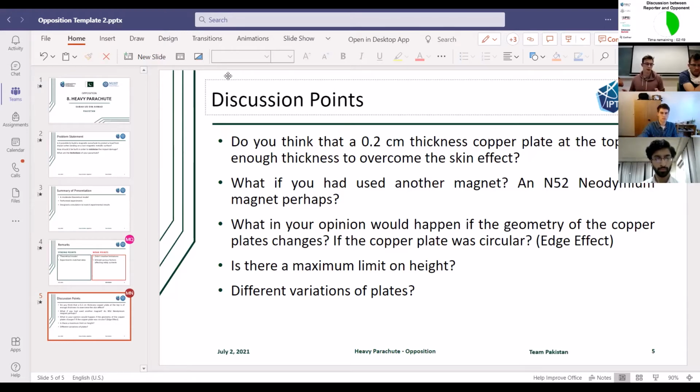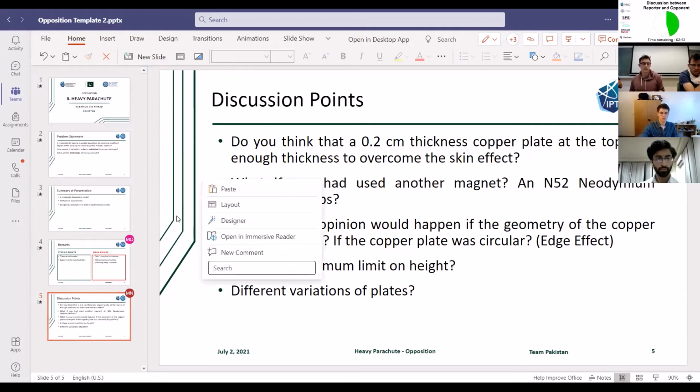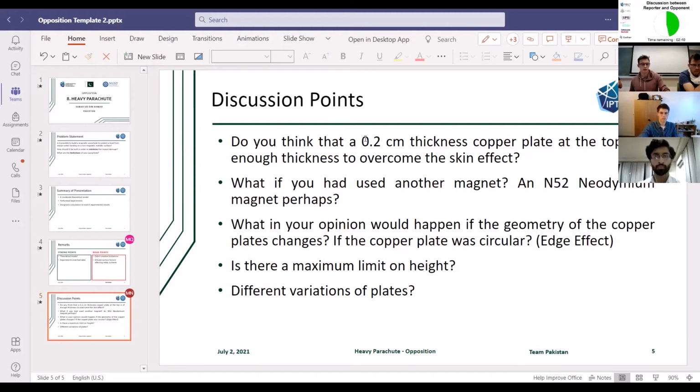However, magnets are not infinitely strong, so the maximum height depends on the magnetization of the magnet, and because magnetizations are limited, so is the height we can drop it from. Regarding the different geometry of the plates, we assumed the plates were much larger than the magnet, so we discount the effect of different shapes and sizes of the plate.